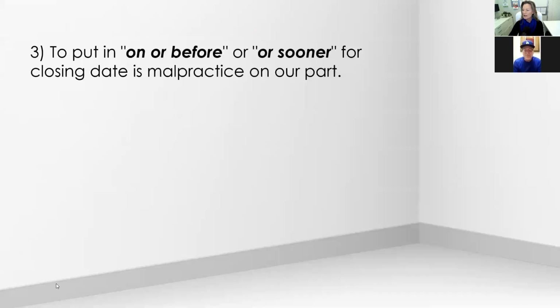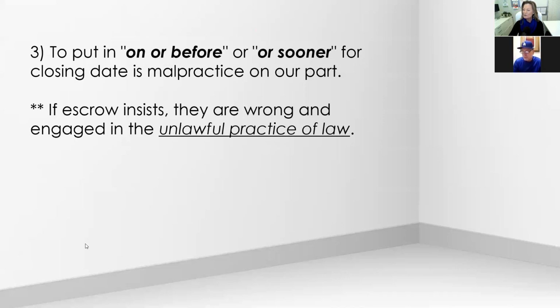And then finally, putting in "on or before" or "sooner" for the closing date is malpractice on our part, and if escrow insists, they are wrong and engaged in the unlawful practice of law. Yeah, I know it's become a fairly common thing to say "on or before" or "or sooner" after the date we put in there.